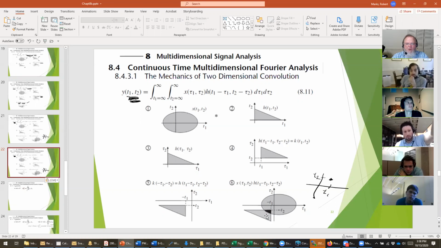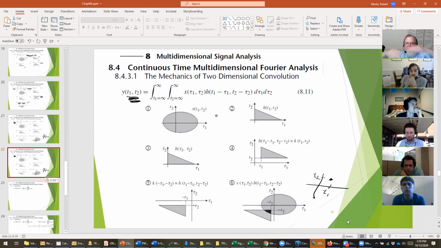There will be values of T1 and T2 where the triangle is totally subsumed or included in the oval. Yes. And so there will be a point that the value doesn't change for little wiggles in T1 and T2. And then what happens if T1 and T2 are too big? There's no overlap. So it's 0.